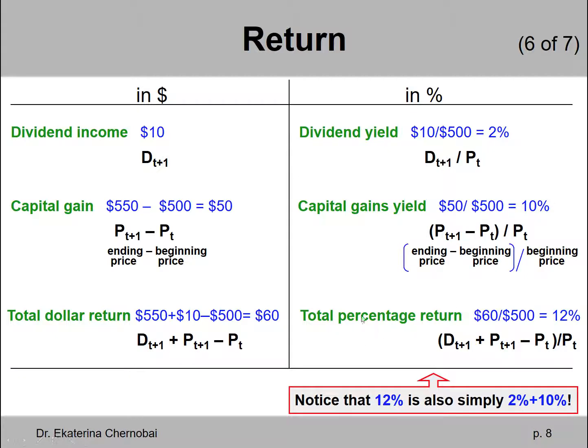And the total percentage return is also the same thing as the total dollar return, $60, divided, as always, by $500 invested at the beginning of the year. So in a way, there are two ways to calculate the total percentage return. The total dollar return divided by the original price paid, or you separately calculate the dividend yield, then the capital gains yield, and then add the two percentages up.